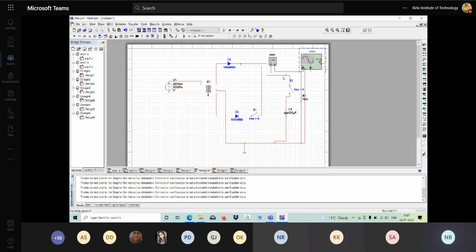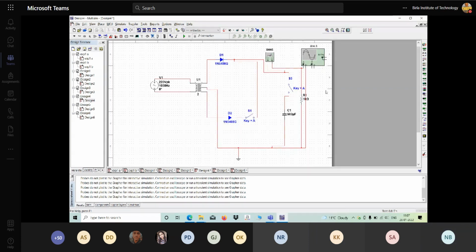Sir, I think in the multimeter he has not set the ammeter. It may happen. So in the multimeter XMM1, which function have you chosen?